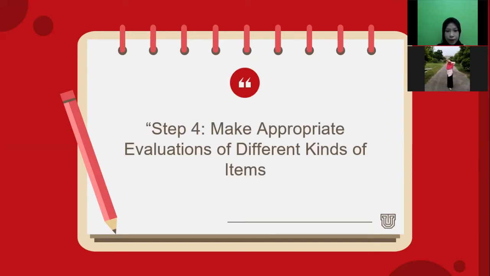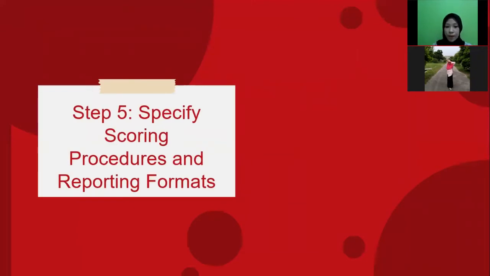Next, step 5. Specify scoring procedures and reporting formats. For an example of scoring procedures, let's take a look at the University of Michigan MELAB. The standard form of the test is divided into 3 parts. Number 1, writing composition. Number 2, listening comprehension.